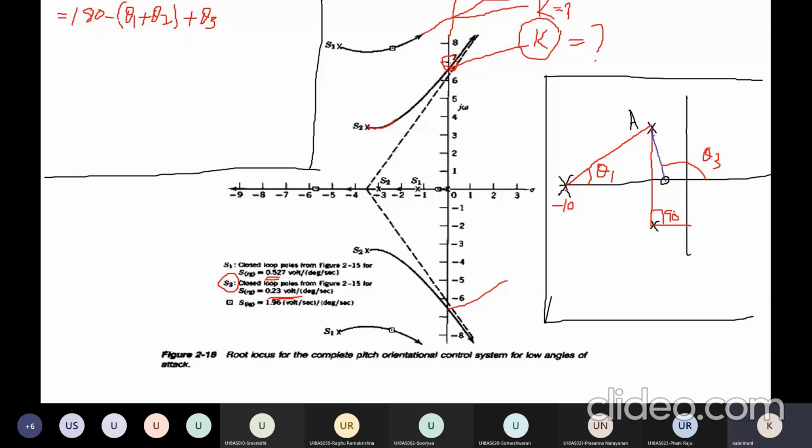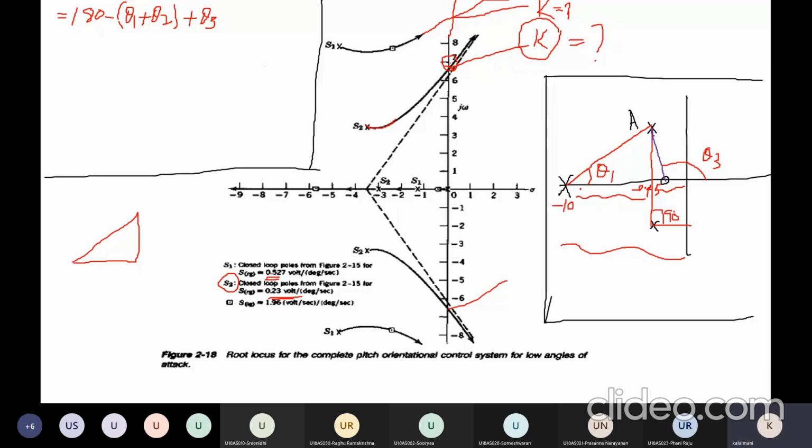So from this point to this point is 10, because this distance is 10. But this distance, because this is minus 0.45, means the distance is 0.45. If it is 0.45, what about this distance? Then I make a triangle.